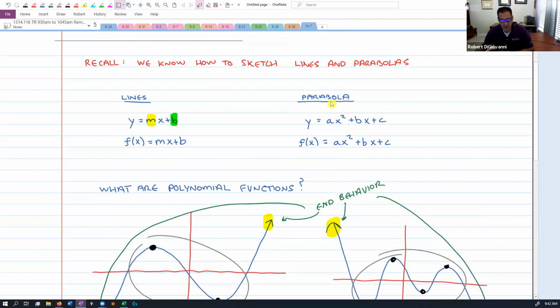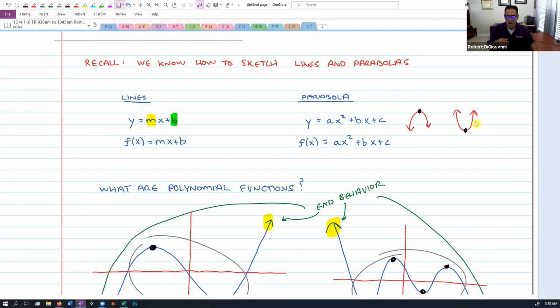When you think back to a parabola, remember all parabolas had to either go like this or like this. And we had this very important point called the vertex. We were able to find that point, weren't we? I gave you a formula for it, h, k. That formula actually comes from calculus. In calculus, we find a formula for it, and then we let the algebra people use it.